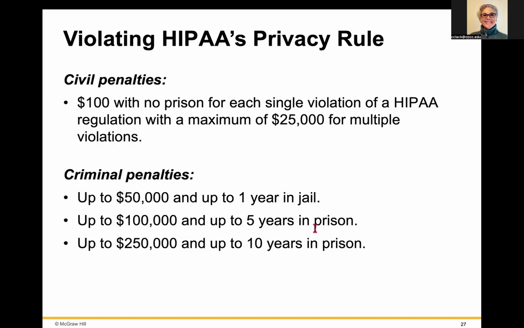She got fined, and I believe she spent some time in jail. So, is it worth it? Just because you're bored? Maybe you've run out of things to do, or maybe you just think, oh, I'm just going to look just this one time, nobody's going to catch me. Don't even do it. Don't even think about it. That's one thing you want to avoid.